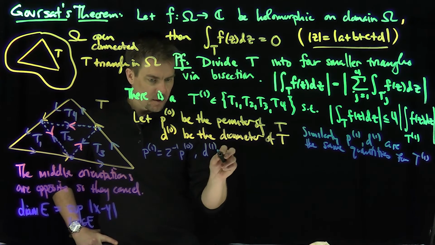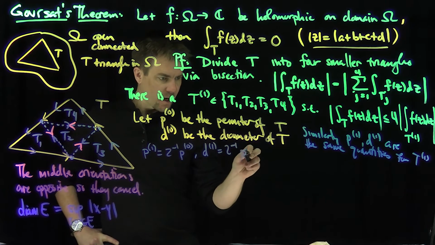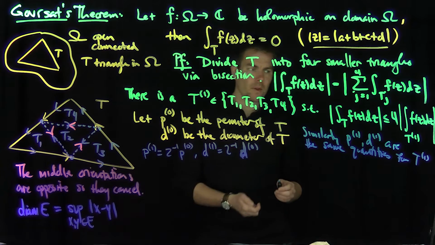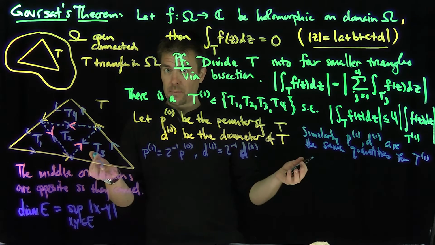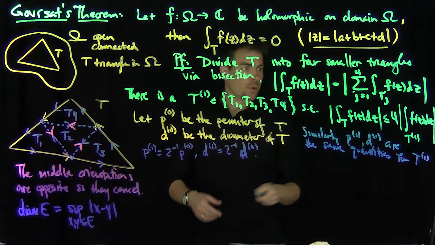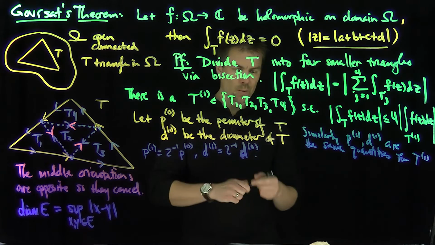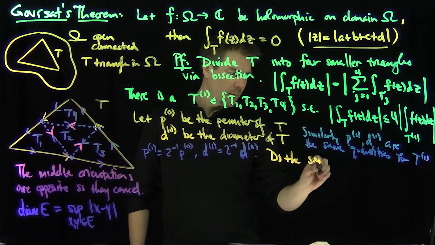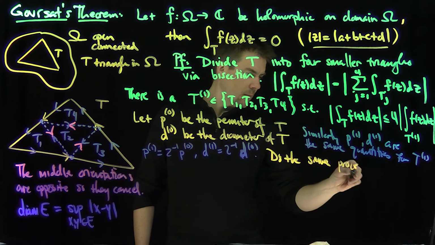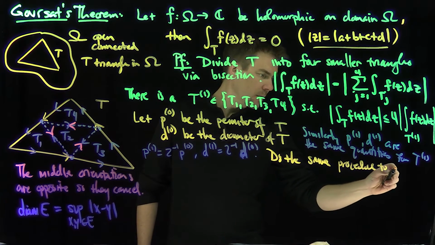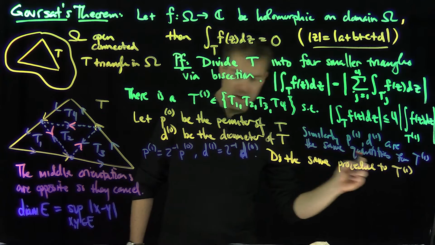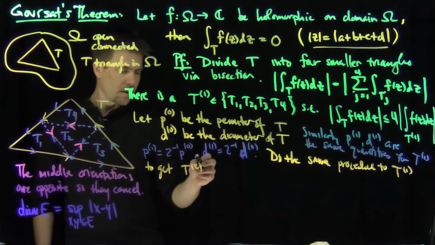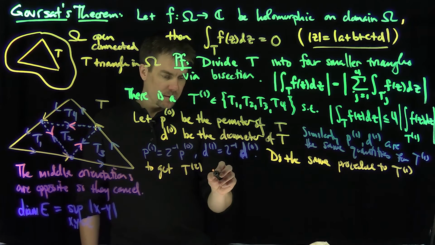So D1 is equal to 2 to the negative 1 times D0. Okay? Excellent. And now we have the structure of the theorem in place, right? So in other words, now what will I do with this T1? We're going to do the same procedure to T1 to get T2, etc., and then induct.